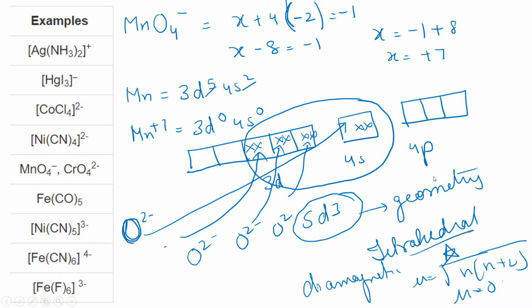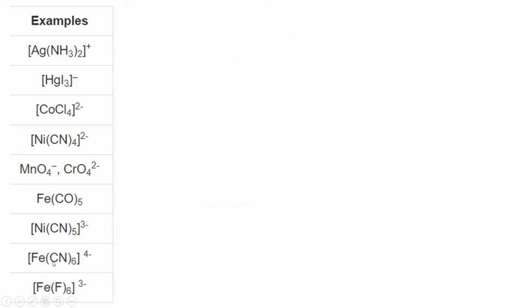Similarly, you can see for the case of chromate ion. For the case of CrO4 2 minus, oxidation state will be X plus 4 into minus 2 is equal to minus 2. X minus 8 is equal to minus 2.